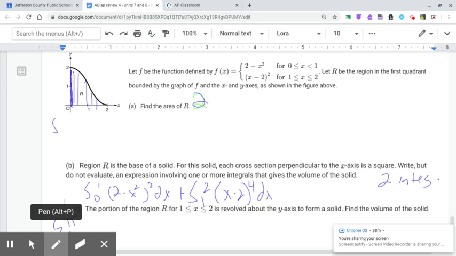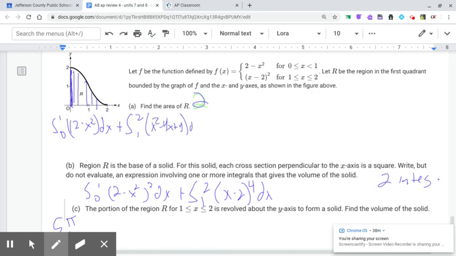So you should be doing 0 to 1 of 2 minus x squared for the height times dx for the base, plus 1 to 2 of x squared minus 4x plus 4. I guess I could have left that x minus 2 squared. I guess I didn't need to do that, but safe.